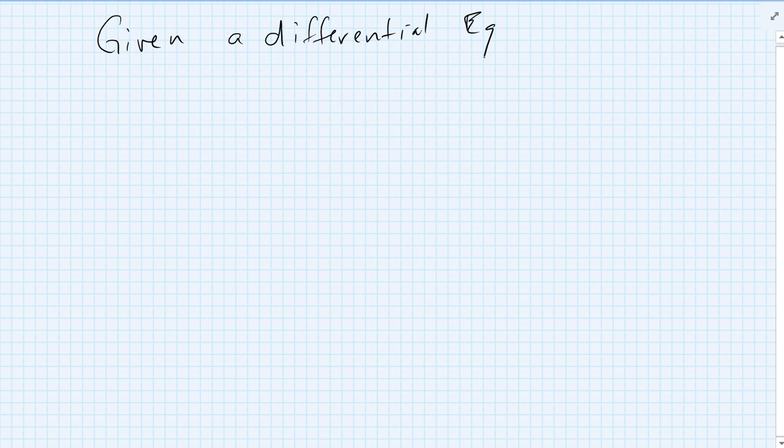Now, we need to talk about another kind of problem. If you are given a differential equation, oops, I wrote it big. And by the way, that's the class I'm taking this semester.